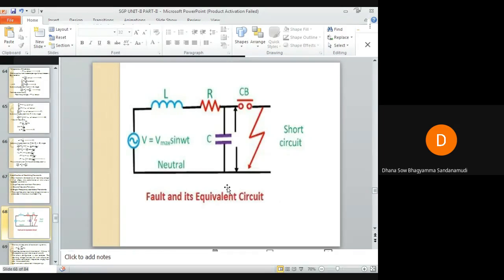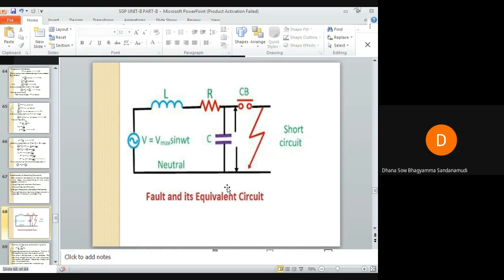The frequencies induced when the circuit becomes oscillatory can be within the range of 10 hertz to 10 kilohertz depending on L and C. I have already explained in the last class at what condition the circuit becomes oscillatory.